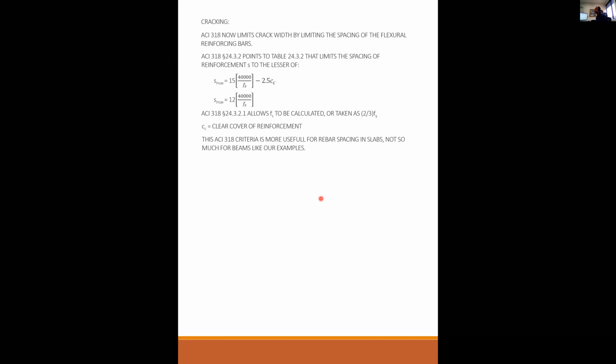And you'll notice that hopefully I did this. Hopefully I was smart enough to do this, but in most cases, when I give you a design problem, I tell you use number 10s or use number 11s. I tell you what bar to use so that you can choose the number of that bar closest to the right answer.